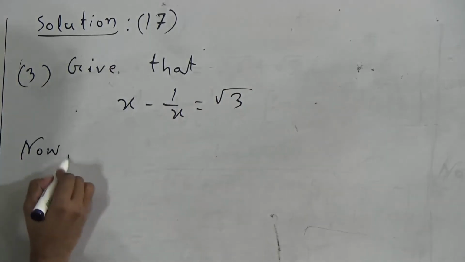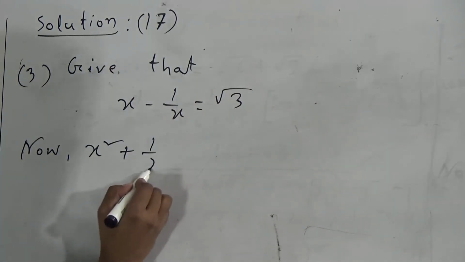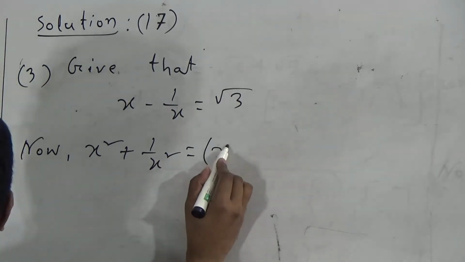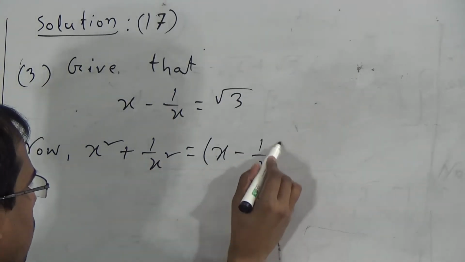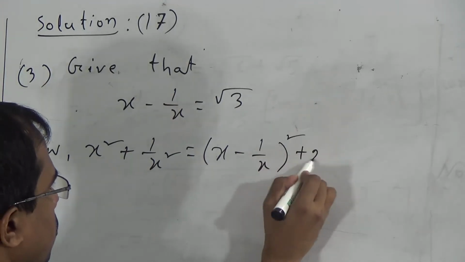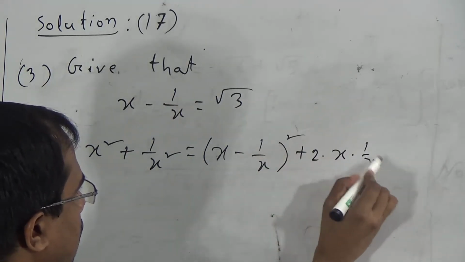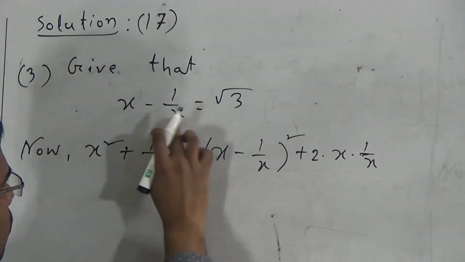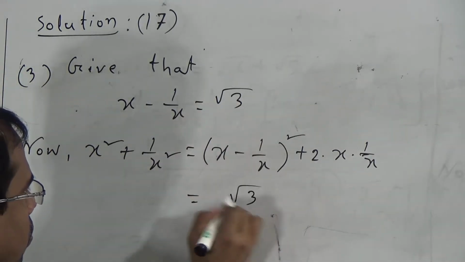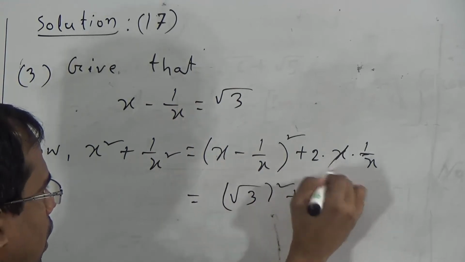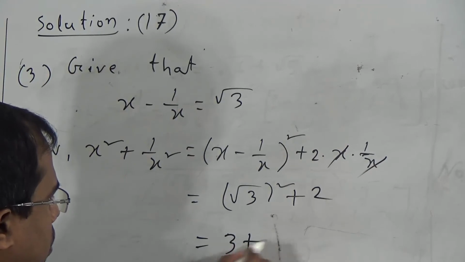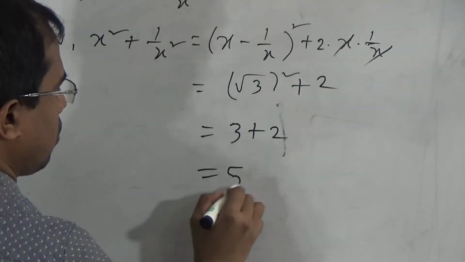Now x square plus 1 by x square equal to, we know that, x minus 1 by x whole square plus 2 into x into 1 by x. Applying the formula a square plus b square. Now x minus 1 by x equal to root 3 square plus 2, x and x we can cut, is equal to 3 plus 2 and this is equal to 5.